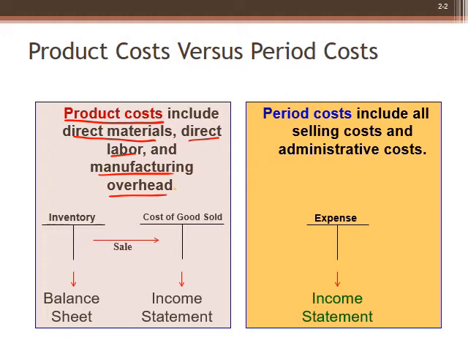Consistent with the matching principle of accounting, product costs are recognized as expense when the products are sold. This can result in a delay of one or more periods between the time in which the costs are incurred and the time when it appears as an expense on the income statement.